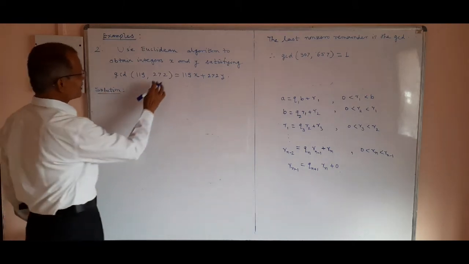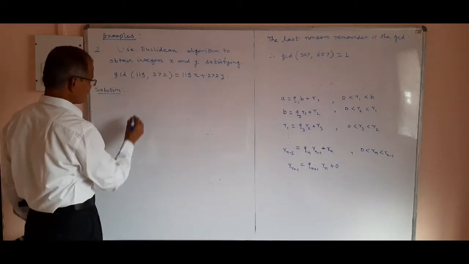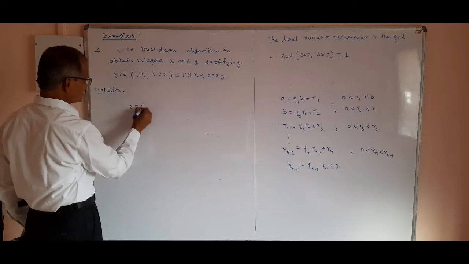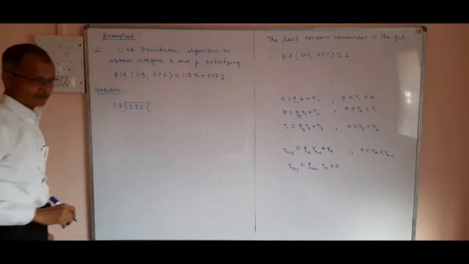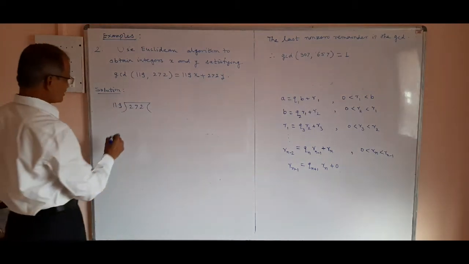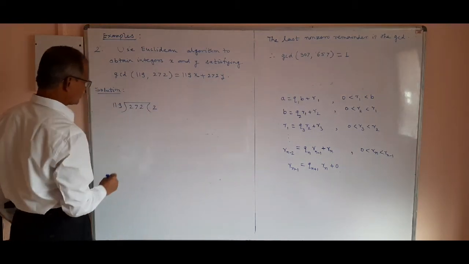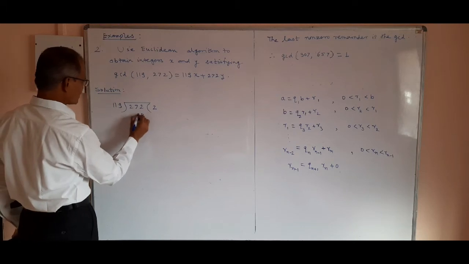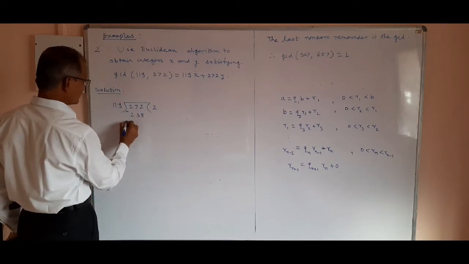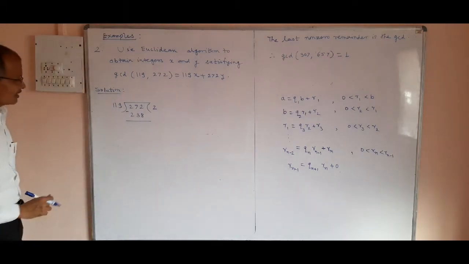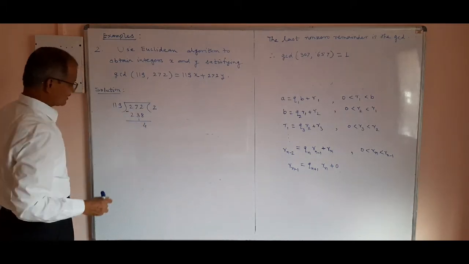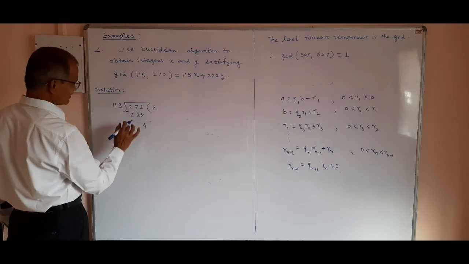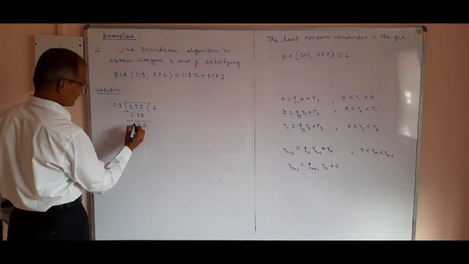First we shall consider the GCD as a solution. We divide 272, which is greater, by 119. Now obviously the quotient will be 2. So this is 238, and what is the difference? It is 34.